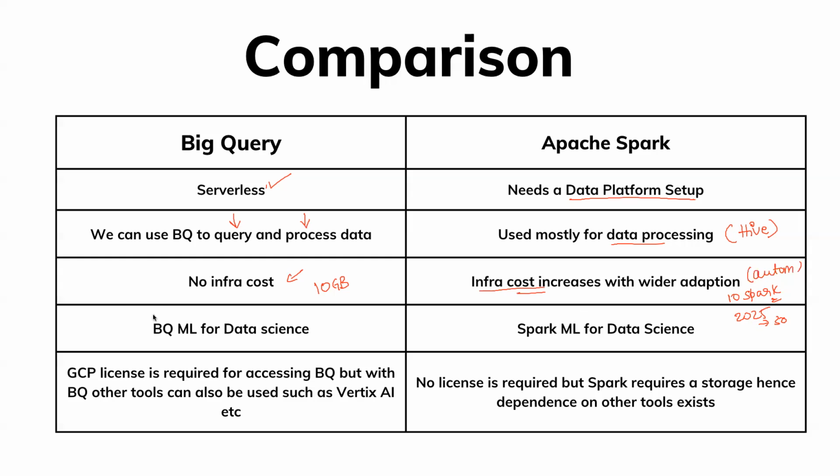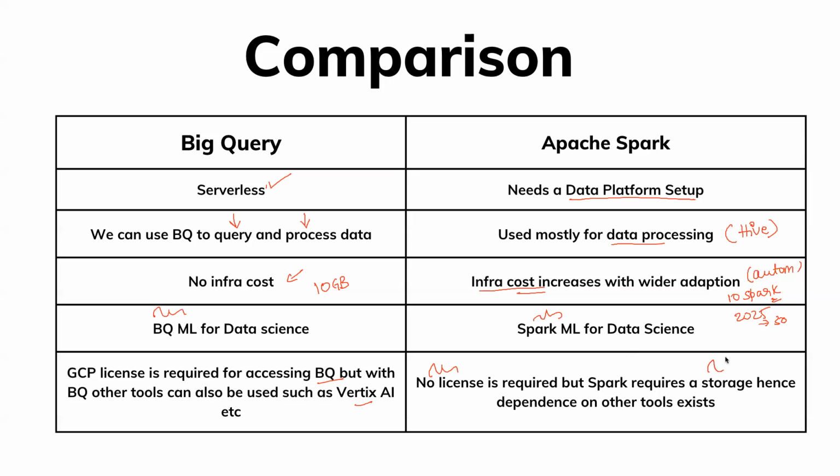The next point is BigQuery has an ML module which you can use for data science, and the same is true for Spark also. A GCP license is required for accessing BigQuery, but when you get a GCP license, you get other tools that are related to big data, like Vertex AI. In Apache Spark, you don't really need any license, but Apache Spark itself cannot do anything. It is a pure computation engine, right?